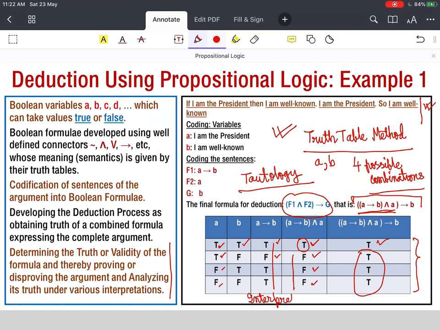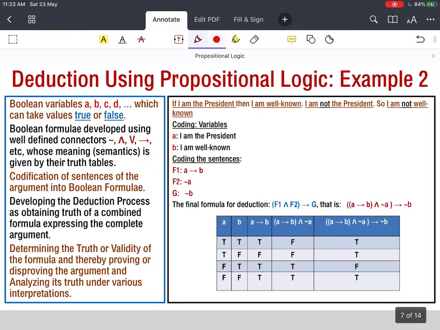Each of these rows, which is a circumstance, is called an interpretation. Since this formula is true under all interpretations, we now have a precise argument to explain to anybody why this logical deduction is correct. This is the method of using propositional logic to perform deduction.